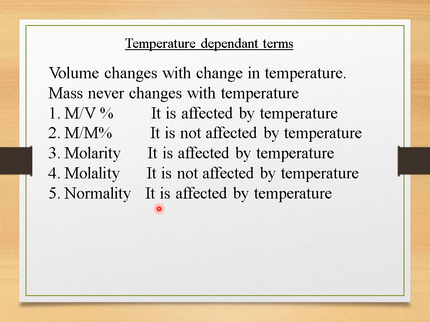And normality, the number of gram equivalents of solute divided by the volume of solution in liters. Again, volume is there, so it is affected by temperature. So these are the temperature affected and unaffected terms that you should memorize, taking into consideration that mass never changes with temperature, while volume does.